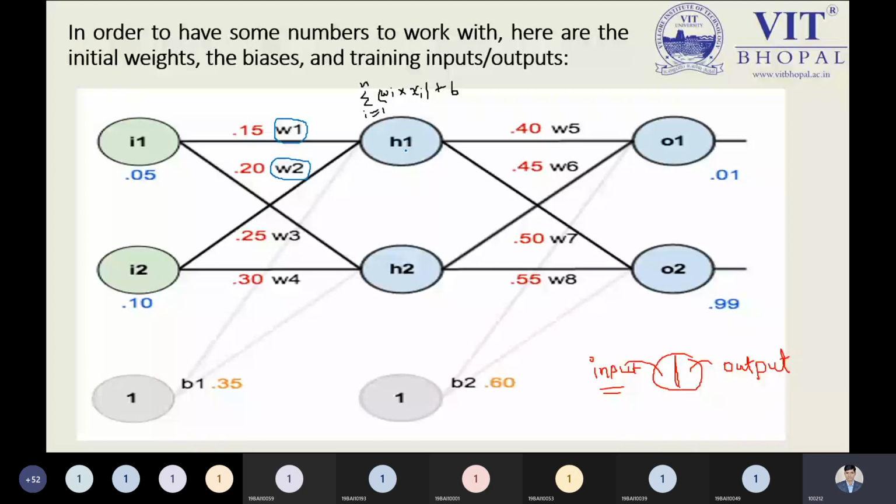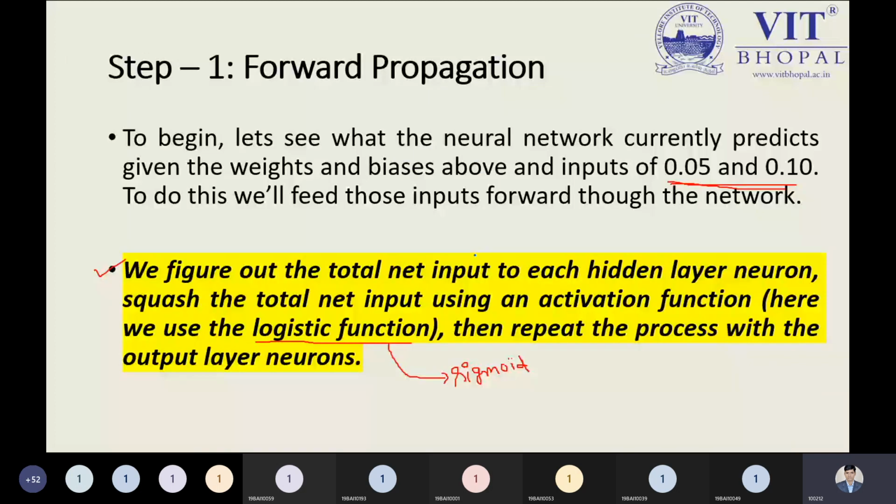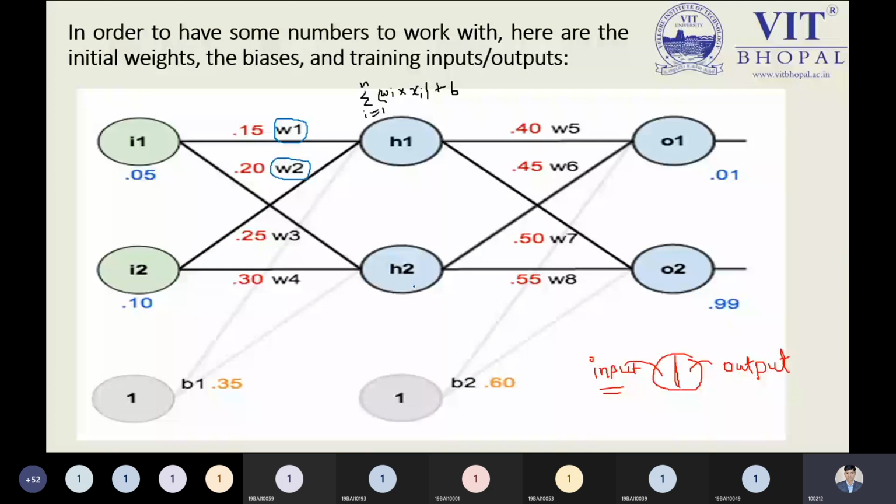So we need to calculate the net value of H1. Now, from this step, you will be able to calculate the net value of H1.